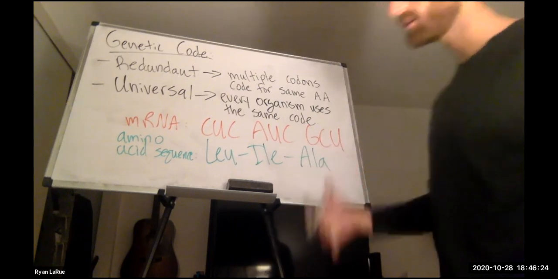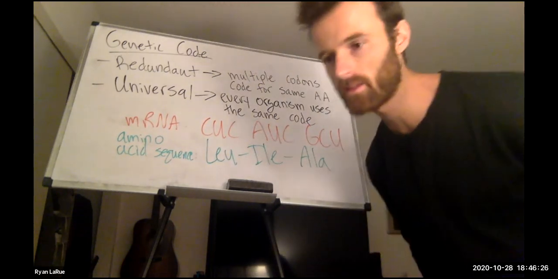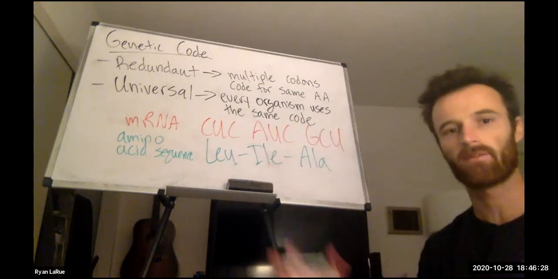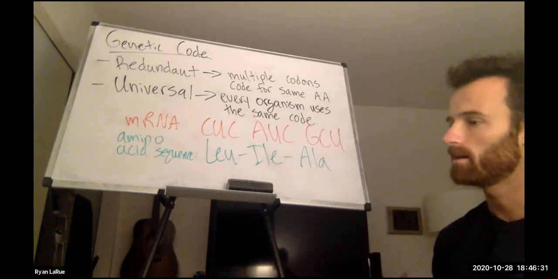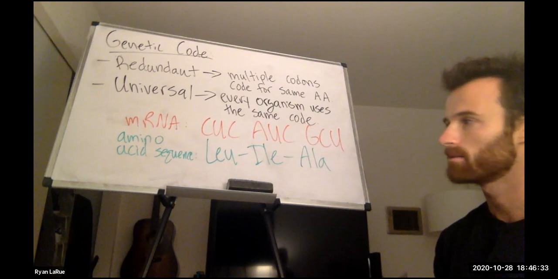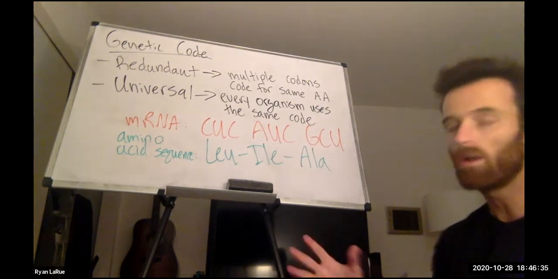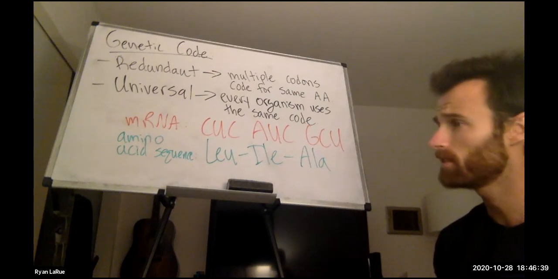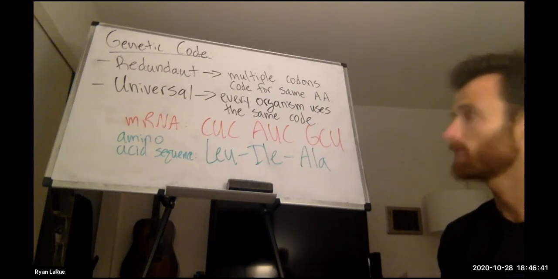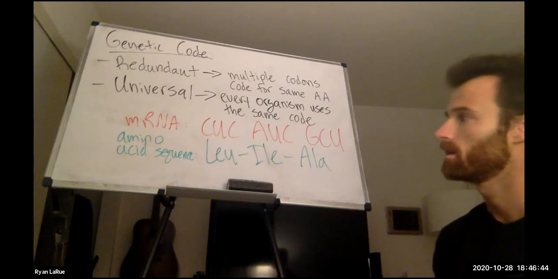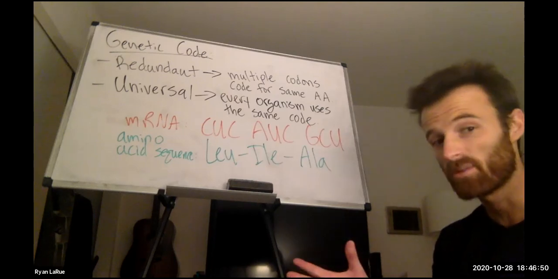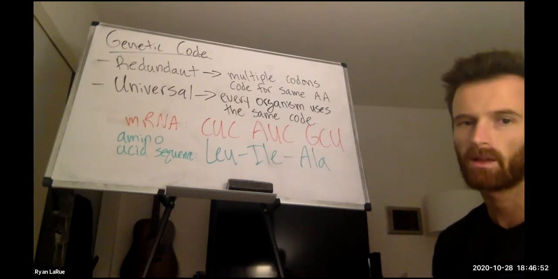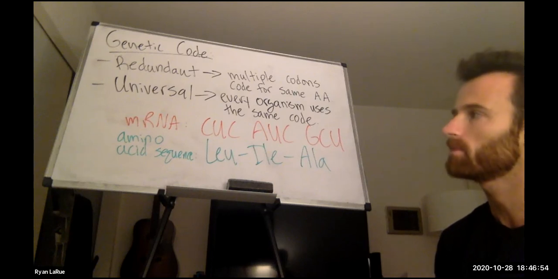It demonstrates this common ancestor evolution theme where all life is related in this way. We all have this same machinery to produce proteins. We don't all make the same proteins, but we all read mRNA in the same way.